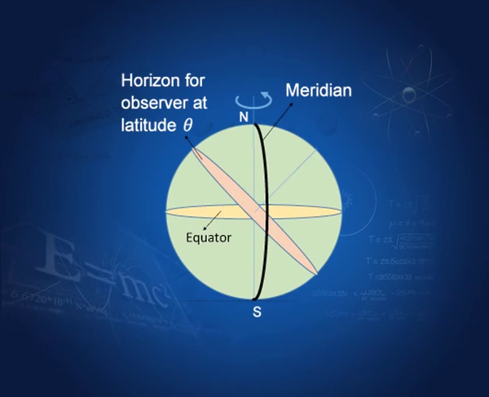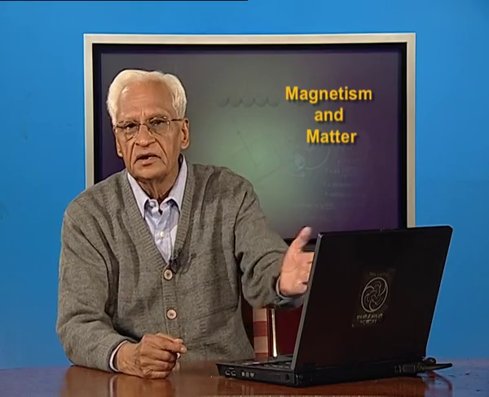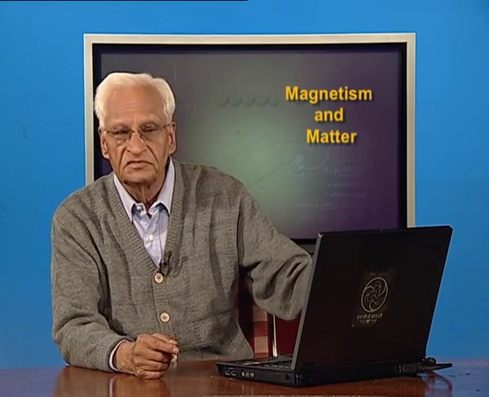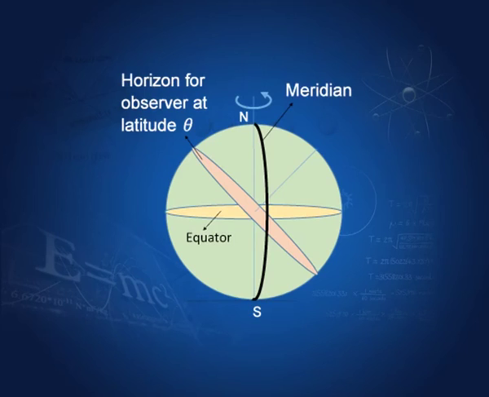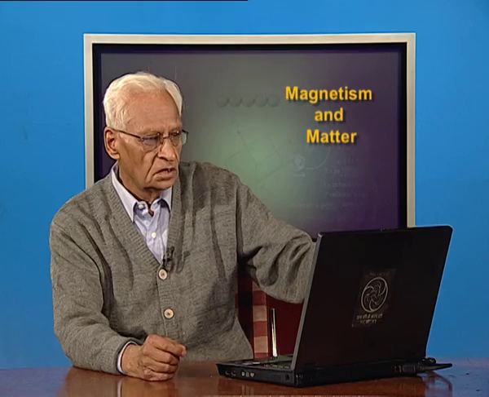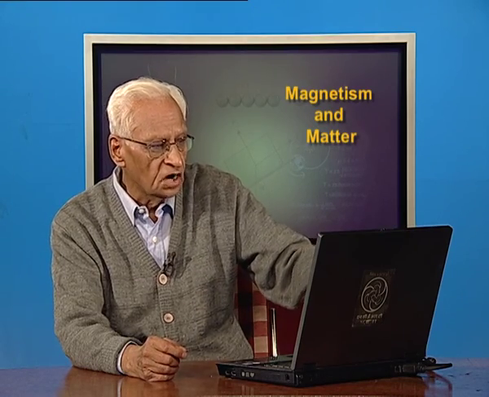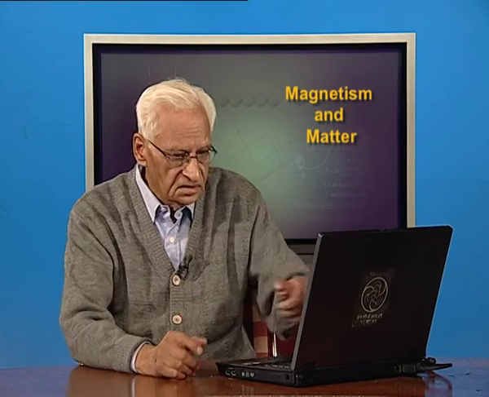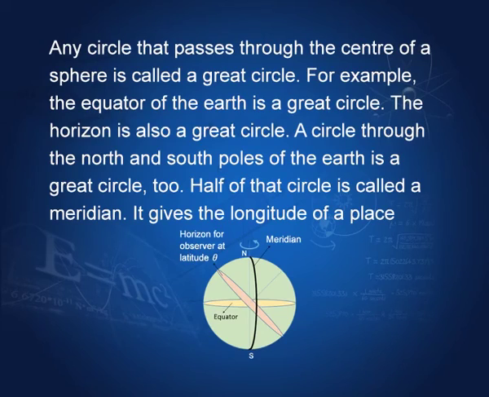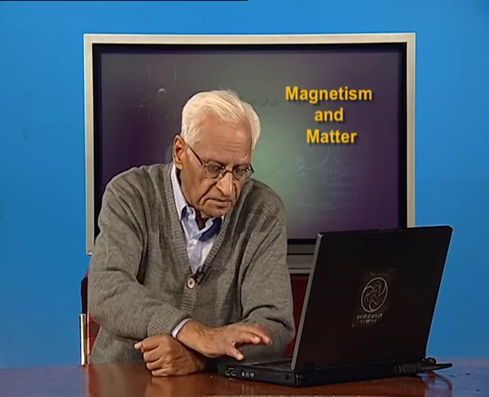You are familiar with the meridian because it gives you the longitude of your place, and therefore the time of your place with respect to the universal time. So, the meridian through the north and south poles of the earth is called the geographic meridian. If we have the north magnetic pole and south magnetic pole, then the meridian through those would be the magnetic meridian.